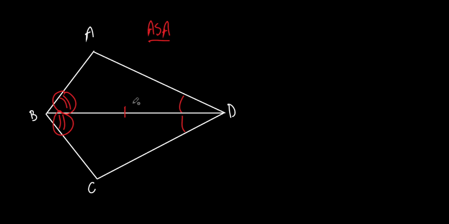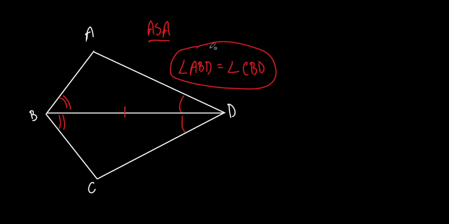It's already on the picture. So what's the additional information? Angle ABD is equal to angle what? This one right here. What are you going to call that one? Okay, CBD, good. So this right here is your answer. If you knew that these two angles were equal, then these triangles would be congruent because of angle, side, angle.